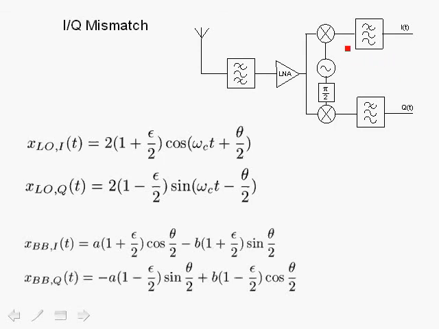Also, the in-phase receive chain could have a different gain than the quadrature receive chain, and that can also lead to IQ imbalance.